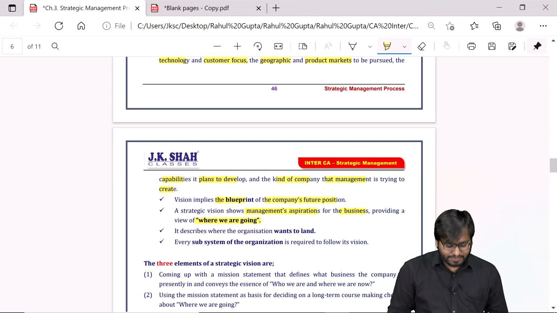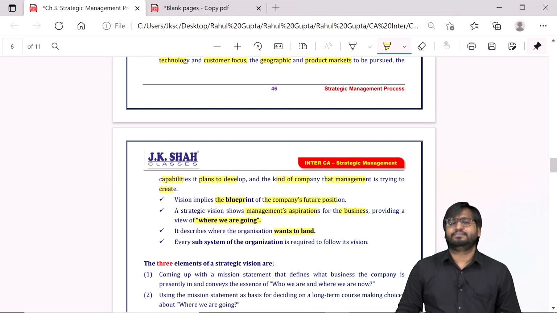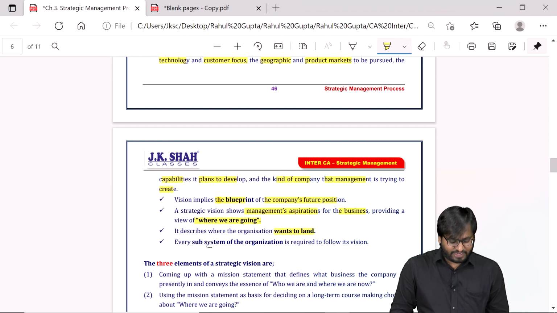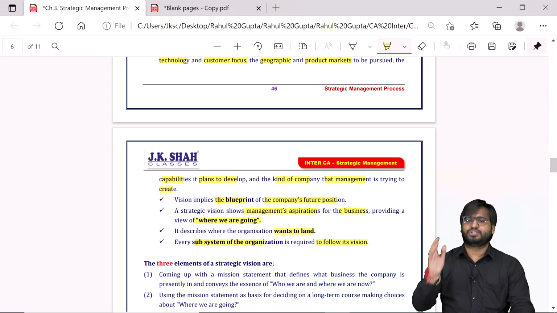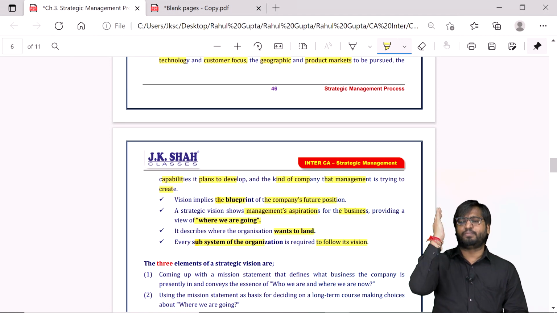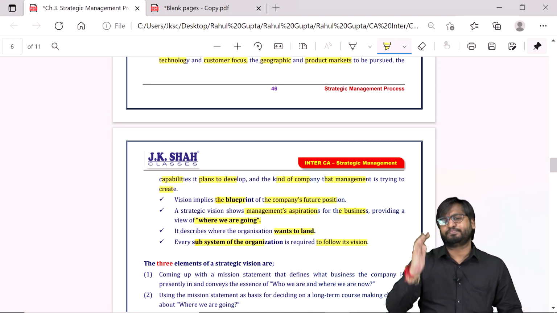It describes where the organization wants to land. Every subsystem of the organization is required to follow its vision. So, vision is about the future, what sort of company we wish to become in future.